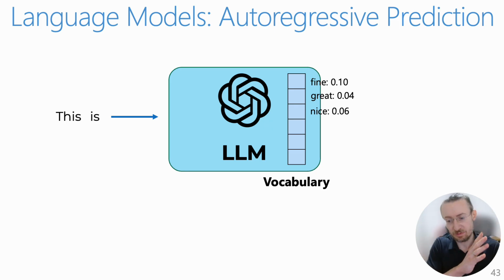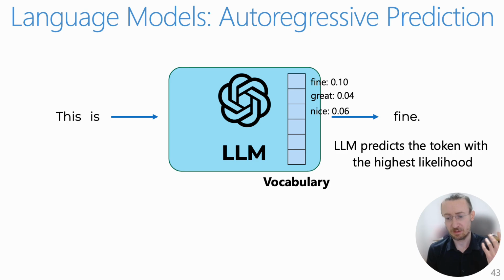So given these prefix tokens, "this is", the model is supposed to generate the next token. Here we give a couple of examples of what could be the next tokens, or in this case words, for example fine, great, nice. After the colon, we also specify the probability of predicting the given token. Given these probabilities, a model can decide based on, for example, top-k selection, meaning that we select the top token, or we take the top k tokens and then randomly generate one of them.